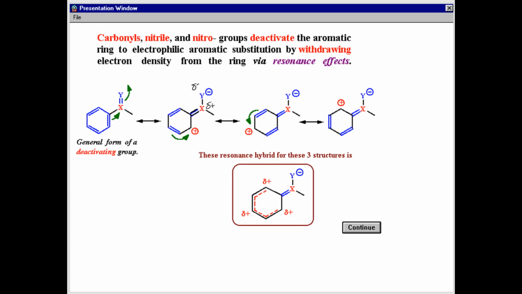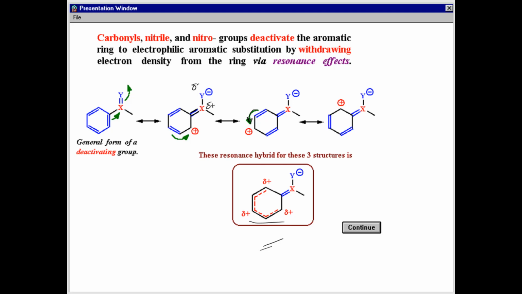So then if I do that and draw that resonance structure, notice I put a carbocation here, then it's just like drawing the resonance structures of allylic carbocations that we did a few lectures back. I'm going to take this pair of electrons, move it here, so now I'm going to form the double bond with the positive charge. Take this pair of electrons, move it here, and then form the double bond here with the carbocation there. So the net result is that the X double bond Y group, by writing these resonance structures, has now left that ring with a slightly positive charge.